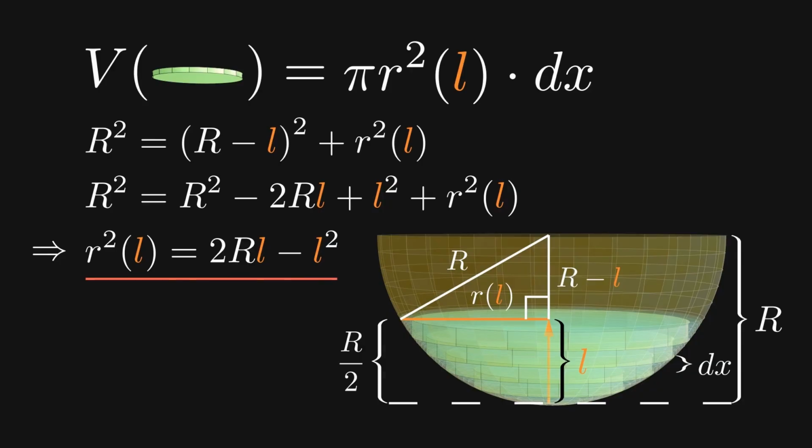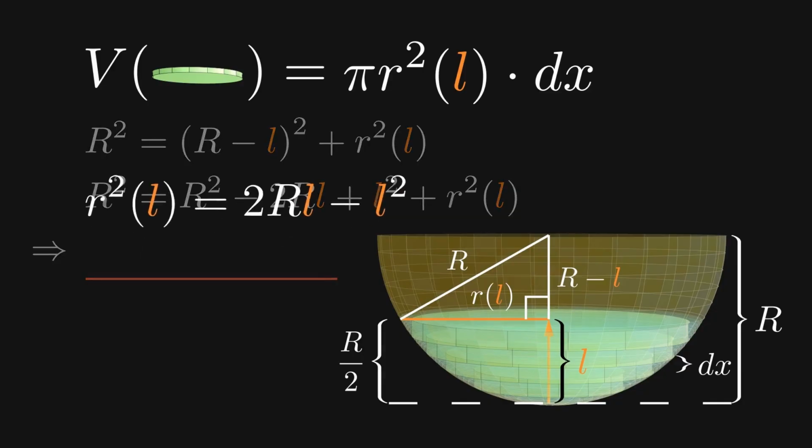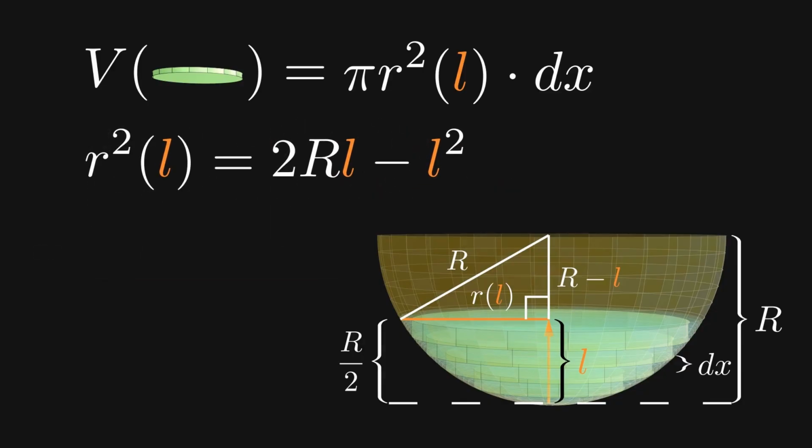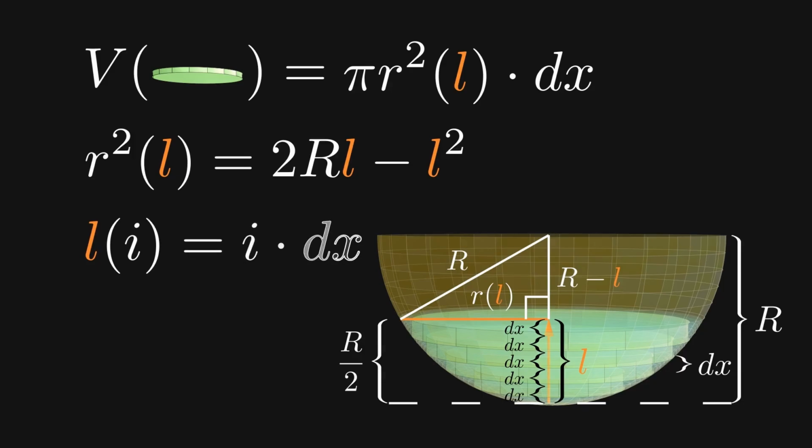So now we have two very useful equations, but let's say we don't want to know the volume of the cylinders based on the distance from the bottom of the ball, but on its index. So we can write the dependence of L on the number of a cylinder, where i is the number of a cylinder. For example, we can see that for the fifth cylinder, L is equal to 5 dx.